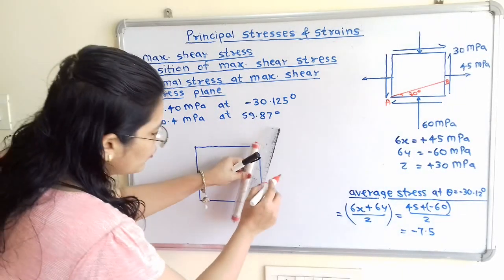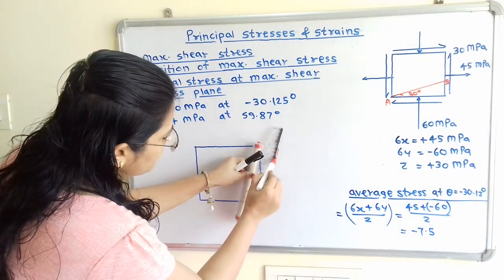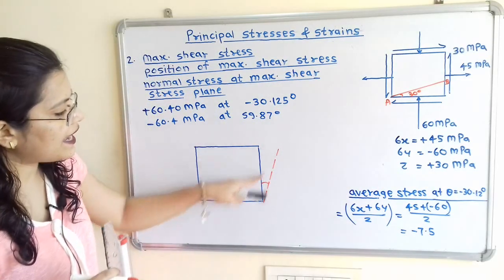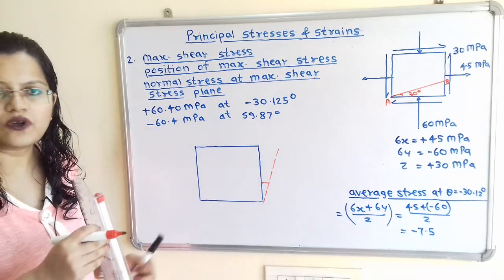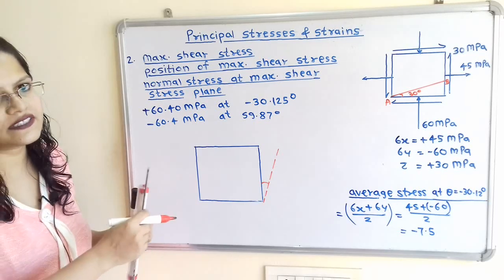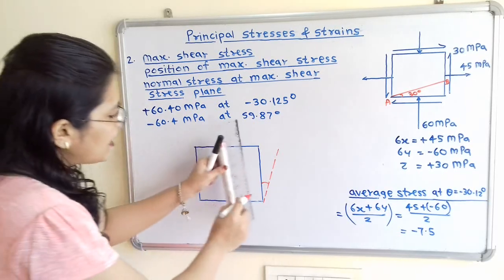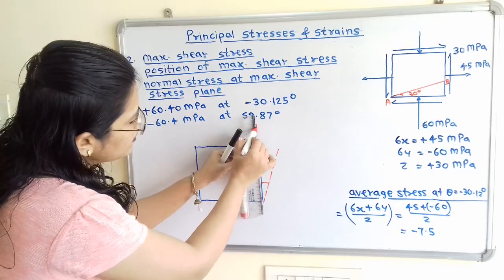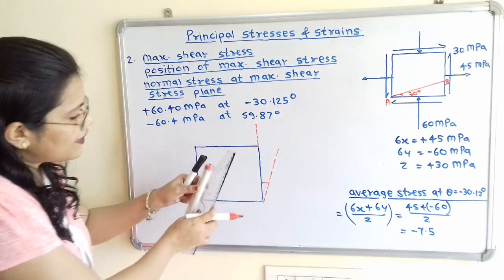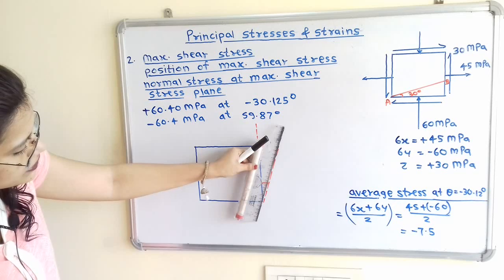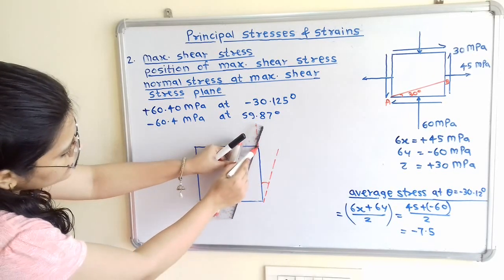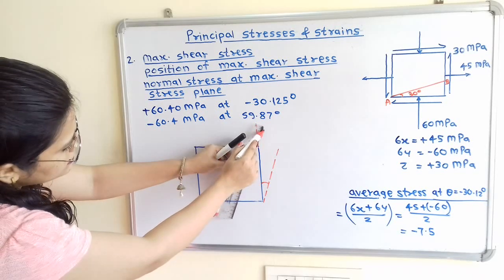Now I will show this angle with the help of a dash line. But this line is outside the body, so I will transfer it inside the body. So how to transfer it? I will draw here one construction line, and I will take a line parallel to this, and we have to pass through this point.